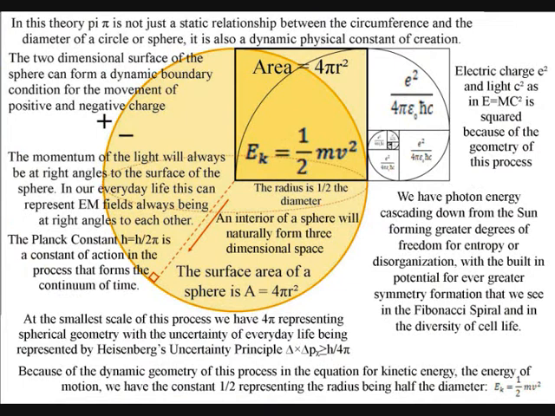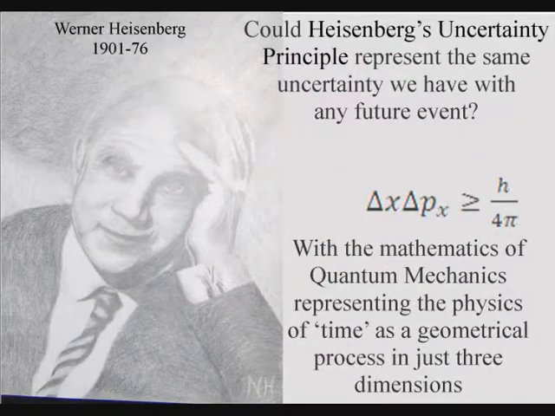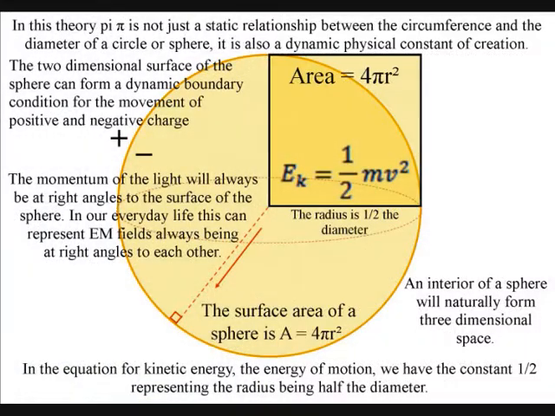In mathematics, a sphere is represented by 4π, and if the equation for Heisenberg's uncertainty principle is reformulated using position and momentum, we have 4π. The interior of a sphere is naturally three-dimensional, giving us the three dimensions of our everyday life.